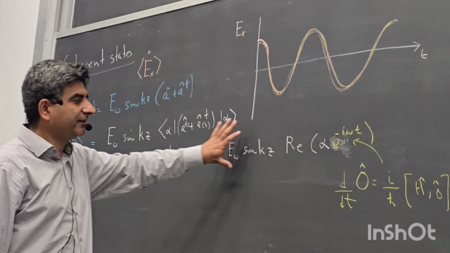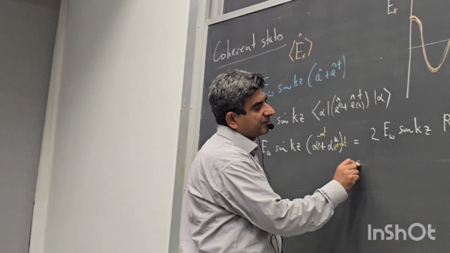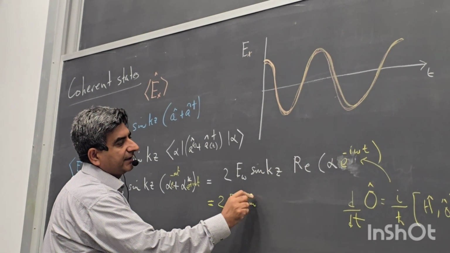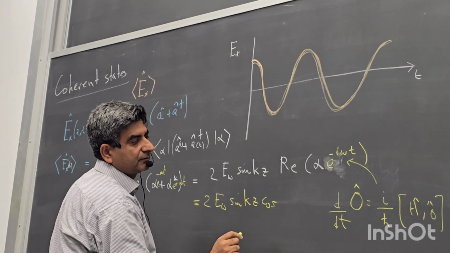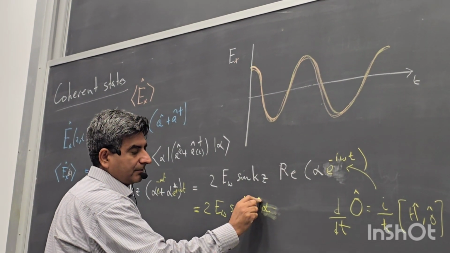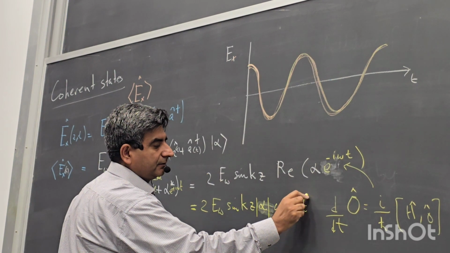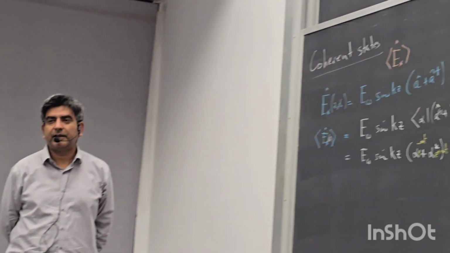So this is our final result. If alpha is a real number, this becomes 2E omega sin kz cosine of omega t. Correct? If alpha is a real number.